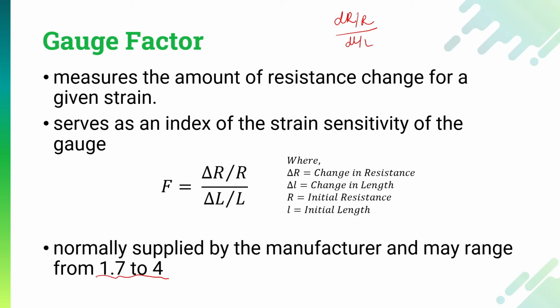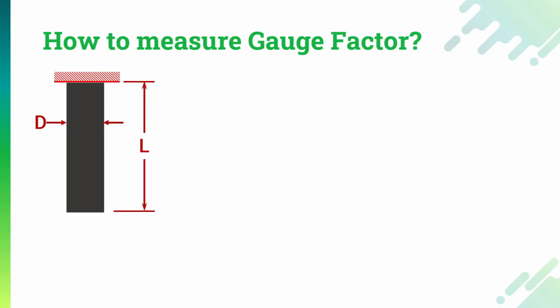Now let us talk about how to measure the gauge factor. Here I am going to give you some of the basic equations which will be needed to measure the gauge factor. We are going to derive the theory of the gauge factor, but before deriving the theory, we will need some basic equations.